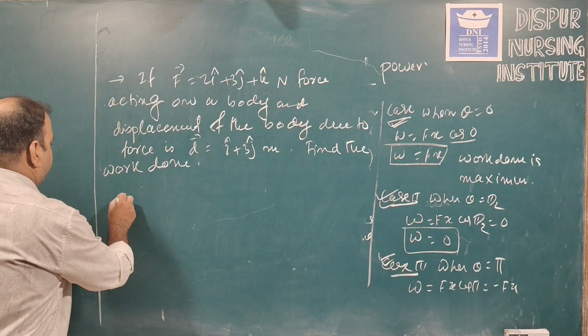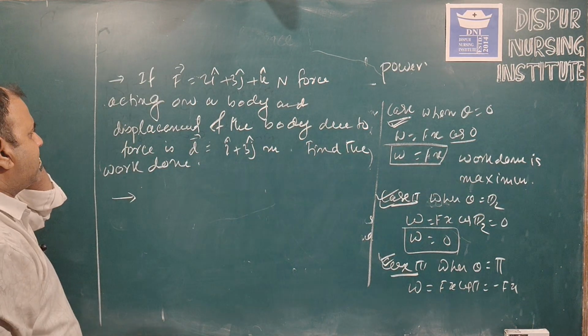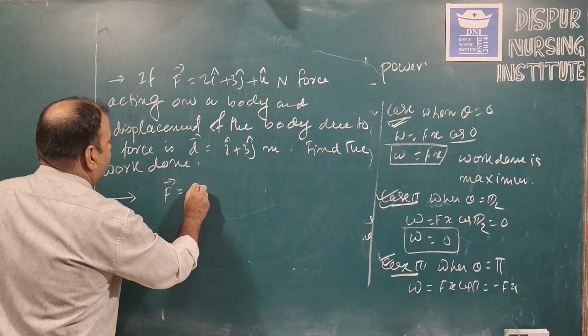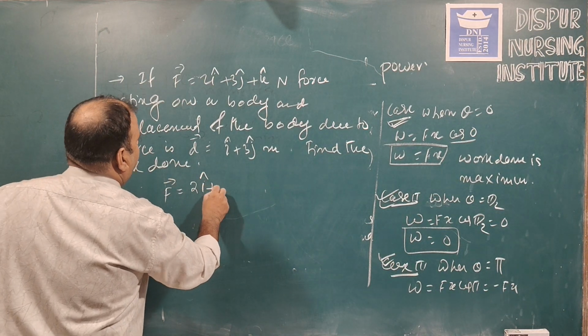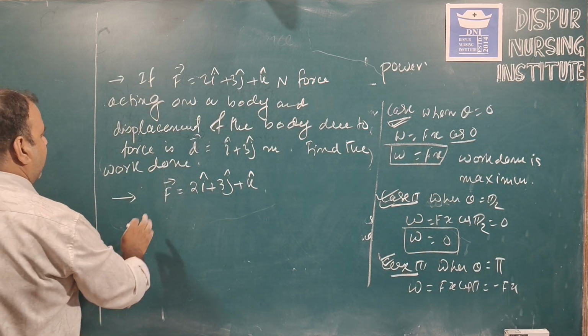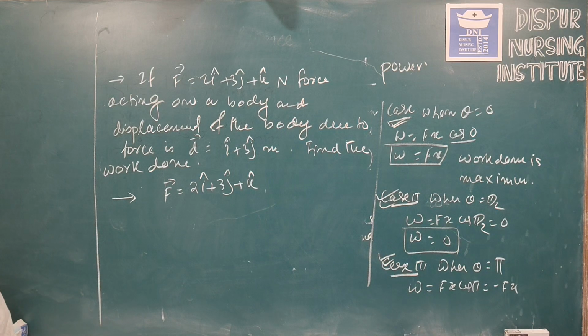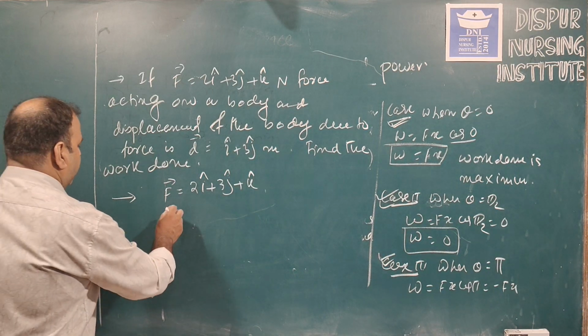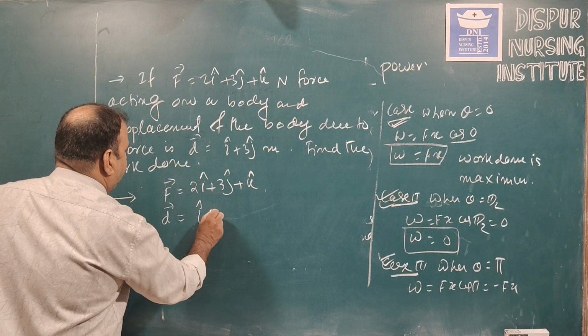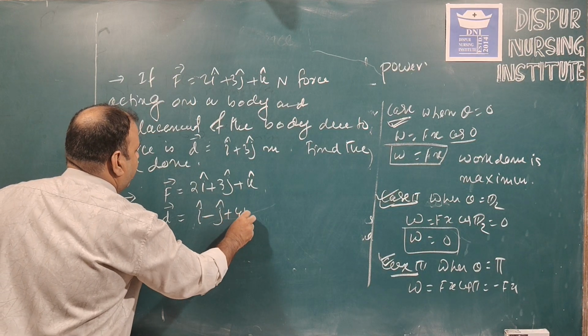Normally you remember the solution. In this case force is given: F is equal to 2 I cap plus 3 J cap plus K cap, and D is equal to I cap minus J cap plus 4 K cap.